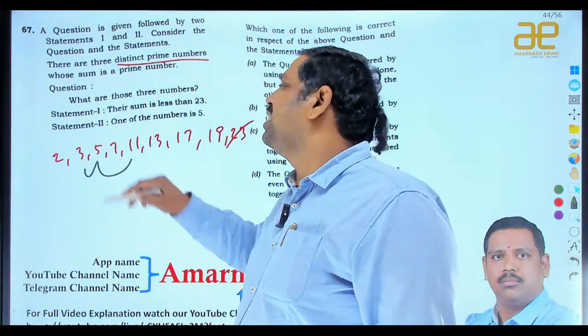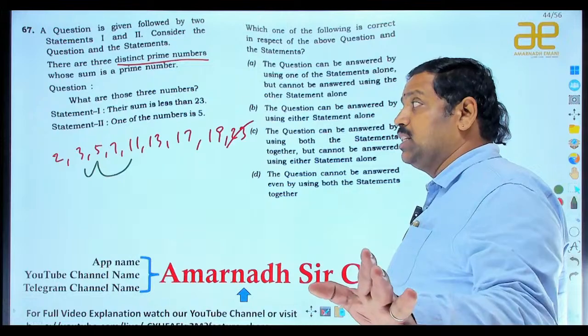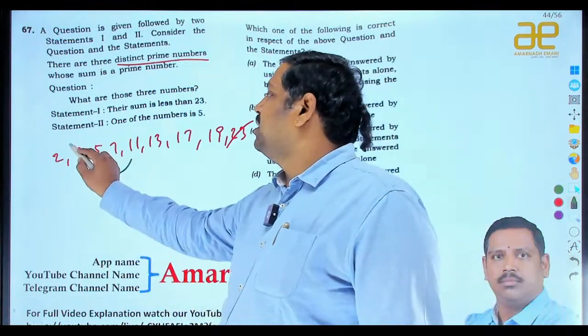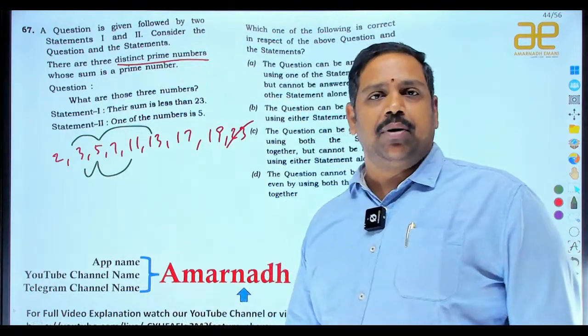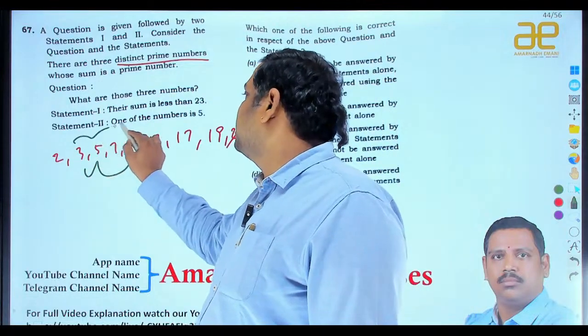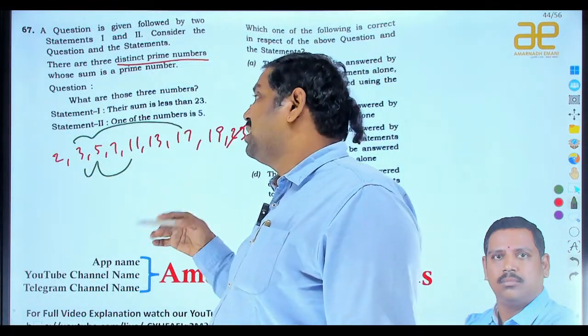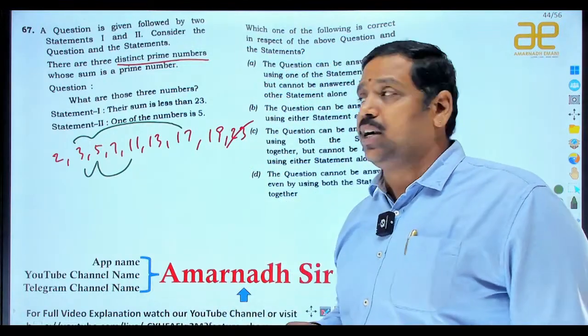3 plus 5 plus 11 is 19. Yes, it's a prime number. So there is a possibility. 3 plus 5 plus 13, its value is 21, not a prime number. Leave it. Suppose I take 3 plus 5 plus 17, its value is 25, more than 23, so that is not a possibility.